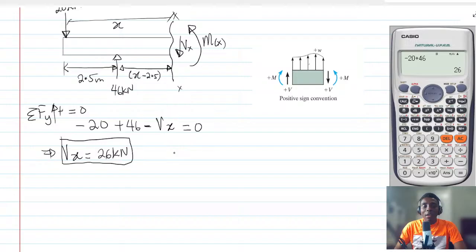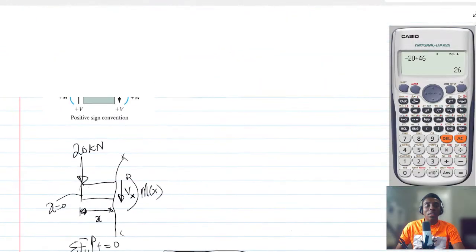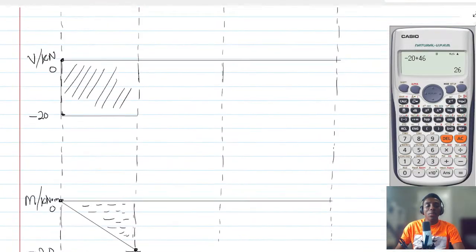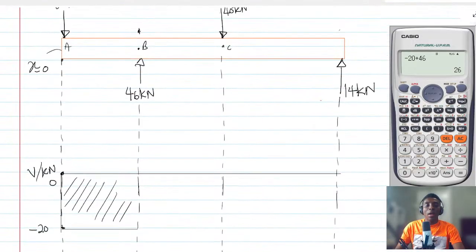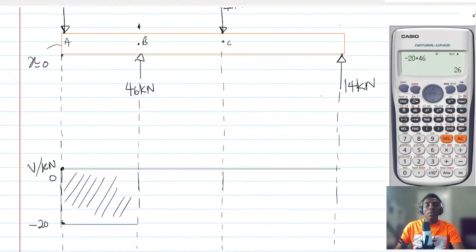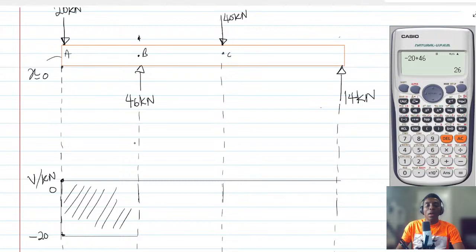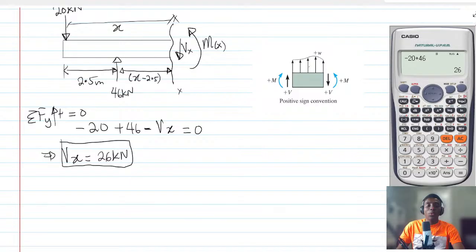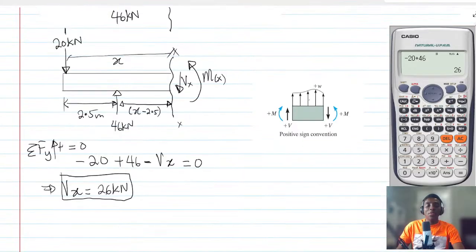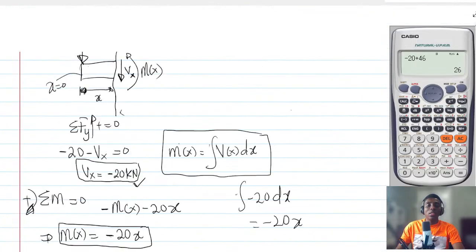Okay, so now that we have Vx, it means that when you come back to the shear force, from this point here, from B to C, the shear force was a constant, which was 26.